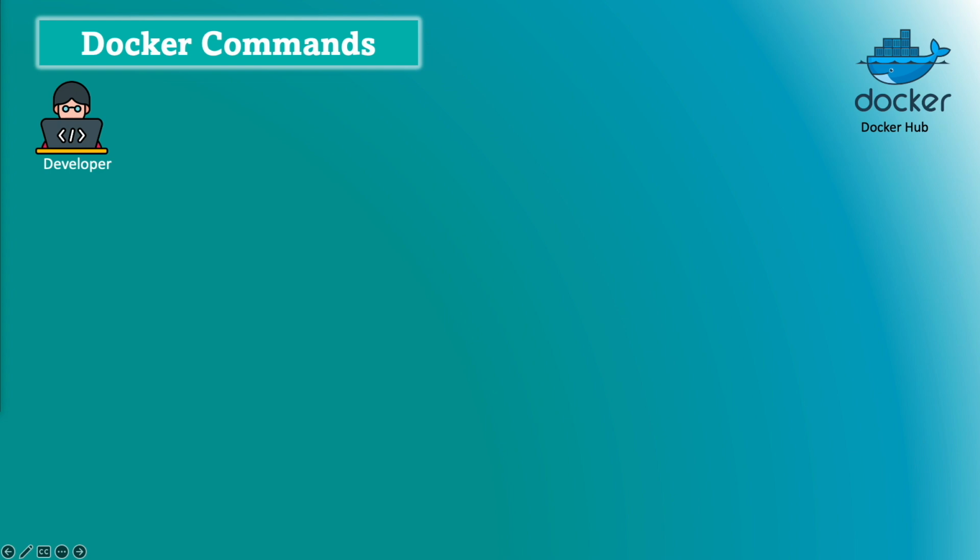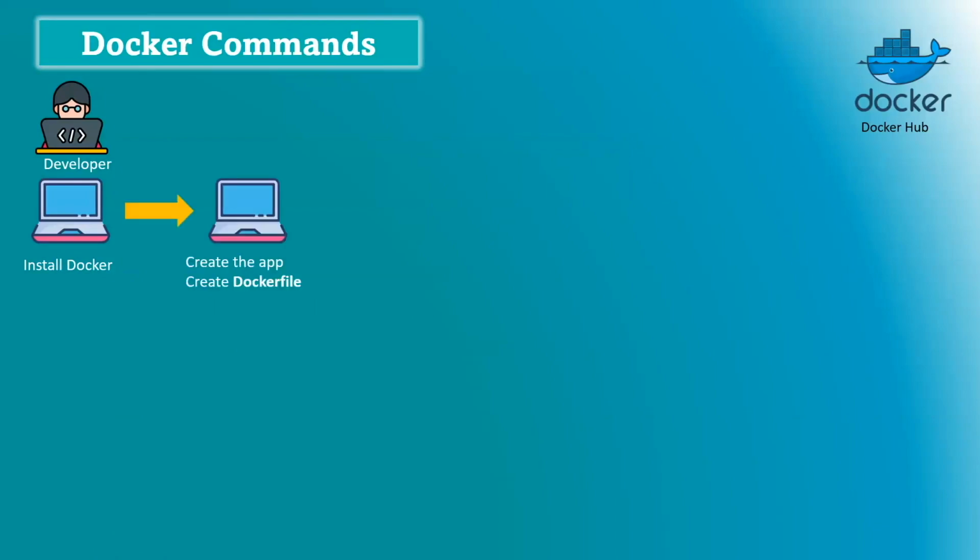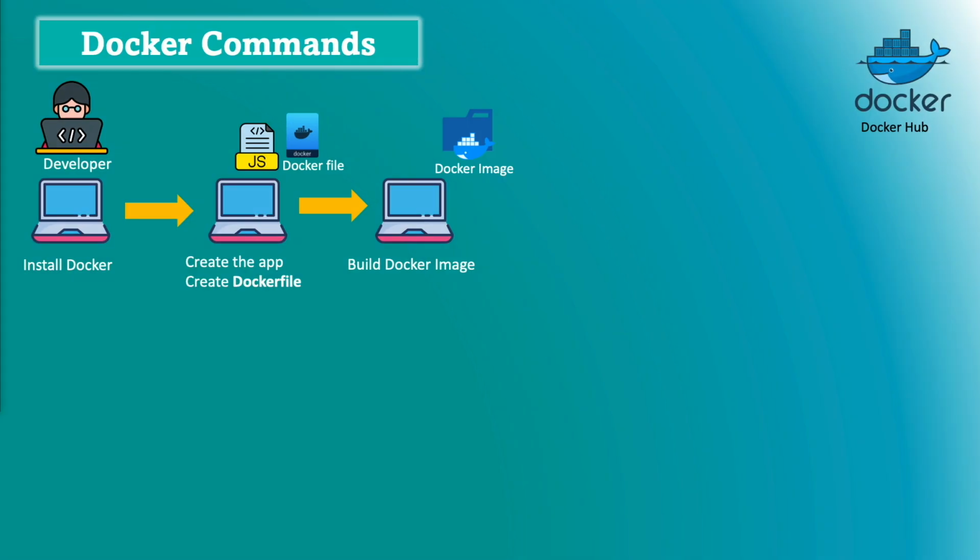Now let's review some important Docker commands in the development process flow. As a one-time activity, the developer will install Docker on his or her workstation. Next, they will complete the app development and create a Dockerfile. Then the developer will initiate a build. Based on the specifications, a Docker image will be created.